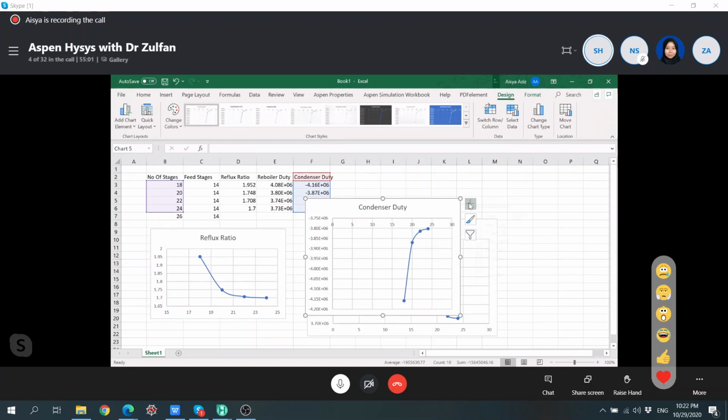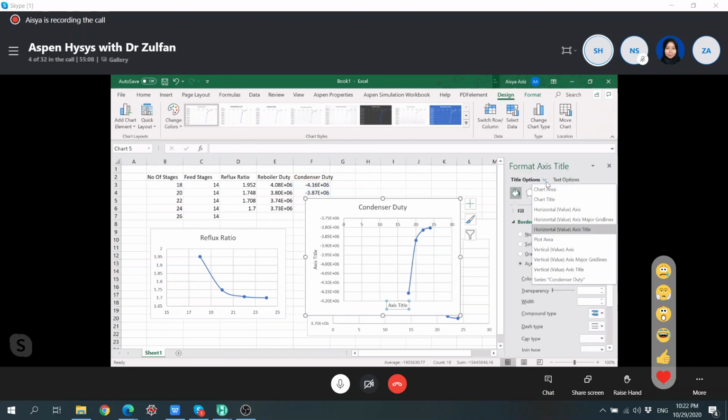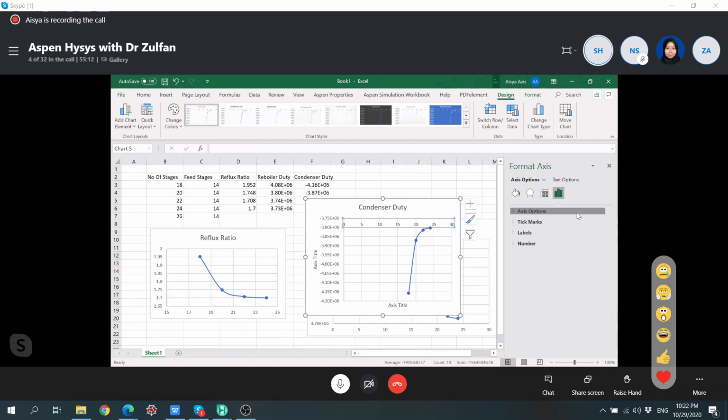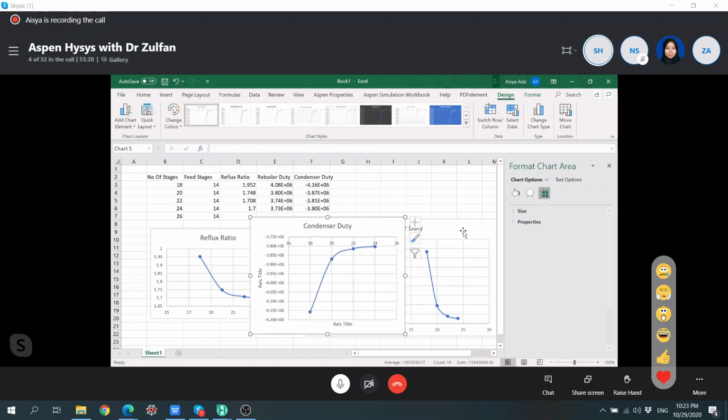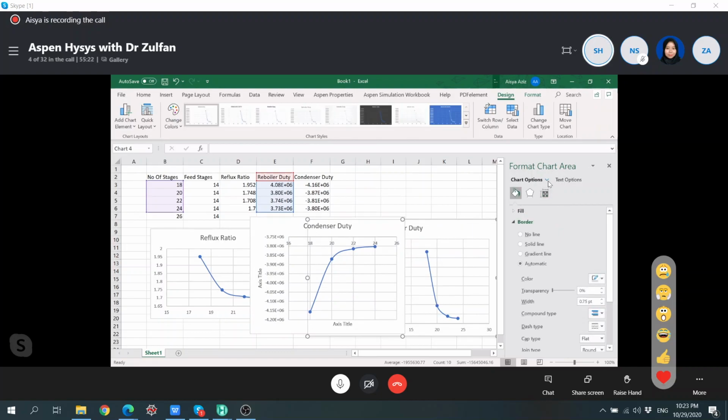So we have the duty in kilojoule per hour, divided by the efficiency, and if we use natural gas, its energy is about, I think, 54 megajoule per kilogram. I don't remember. But then you can calculate the natural gas consumption.